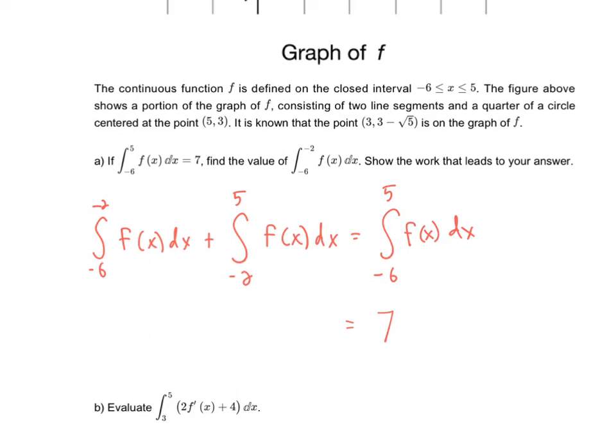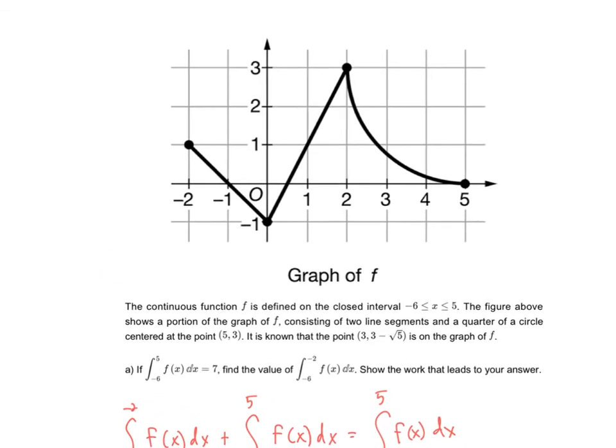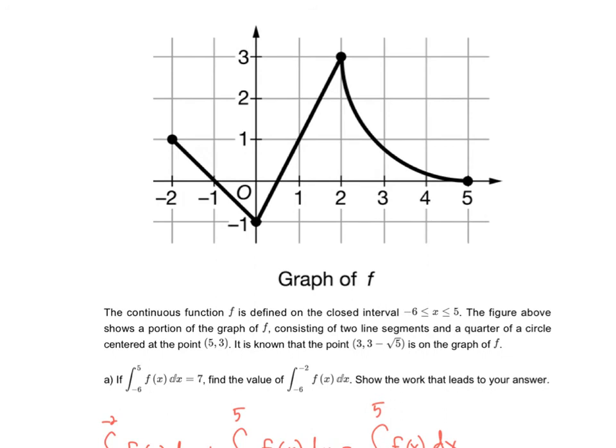We don't know this first one, but we can find this from the graph, the area from negative 2 to 5. Okay, so let's do that. First thing that I would note is that this area from negative 2 to 0 here cancels out.